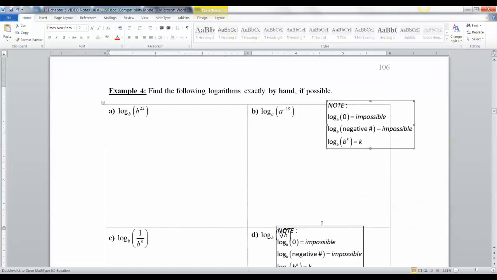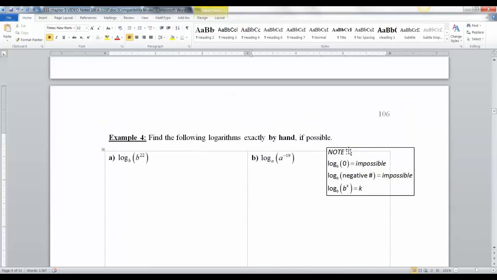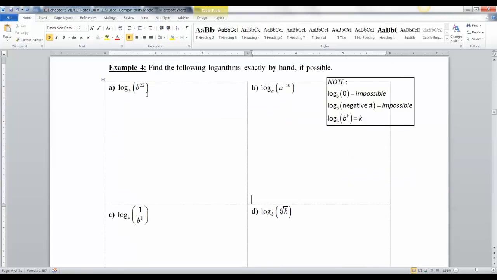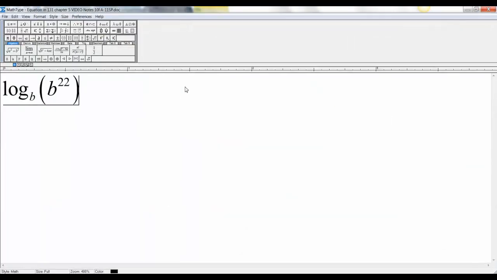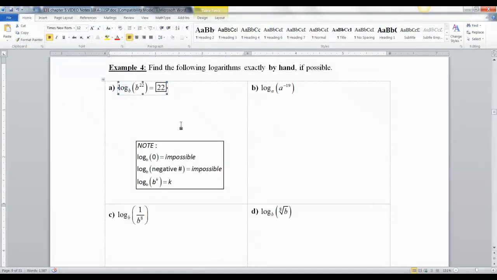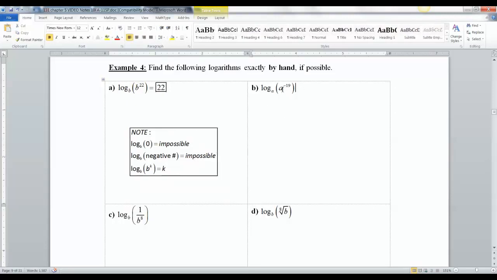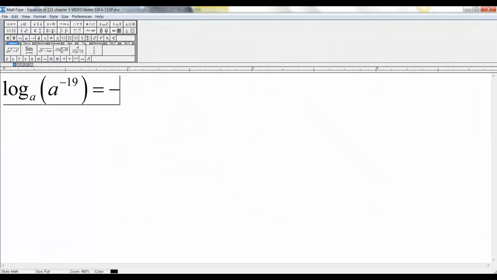So log base b of b to the k is equal to k, right? So that means that this particular one then has to be 22, right? Has to be, because it's got the same base in the logarithm that it has in the exponent, and then they'll unravel each other because they're inverses of each other. Hint, hint. All right, what about this one then? Log base a of a to the negative 19, that must be equal to negative 19.